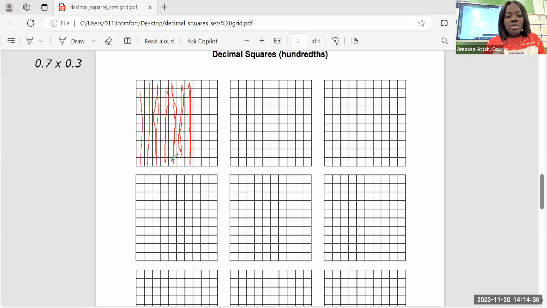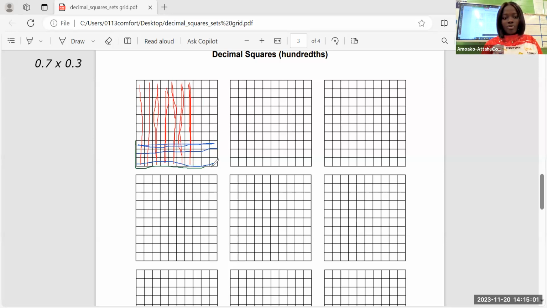So I have 1 tenth, 2 tenths, and 3 tenths. Great. All right, now let's see the double shaded portion. Looking at our model, we can see that we have this from this side all the way down.